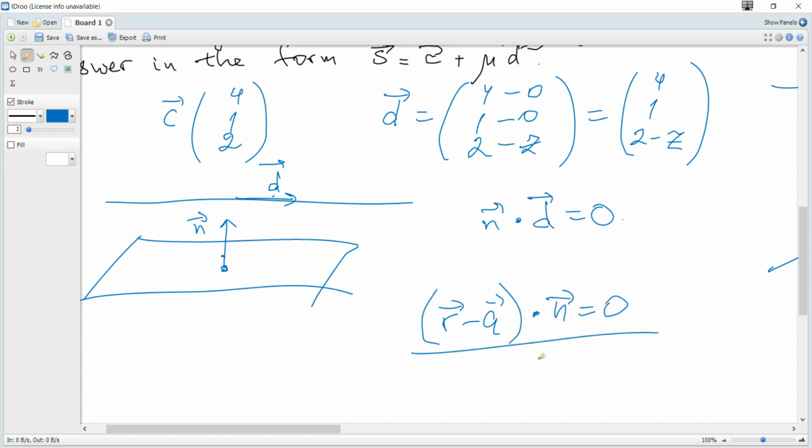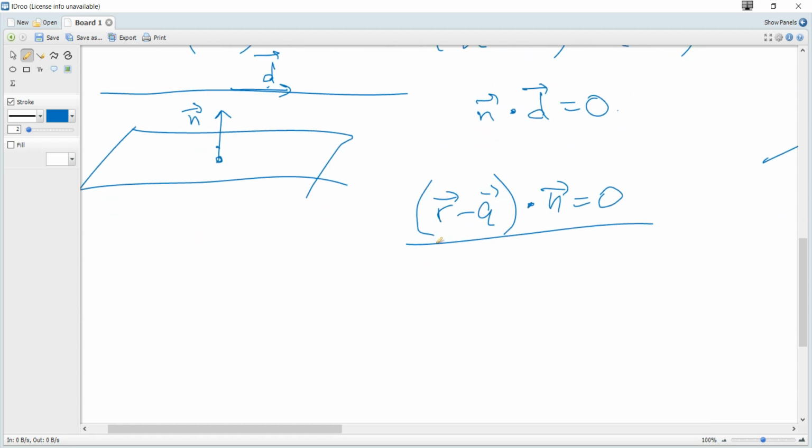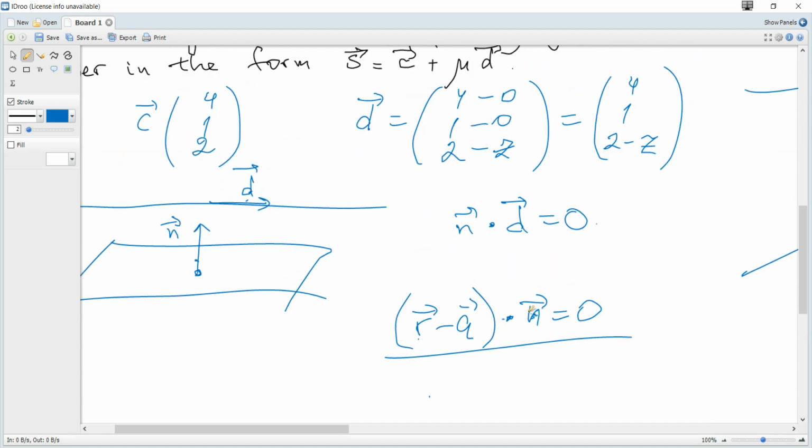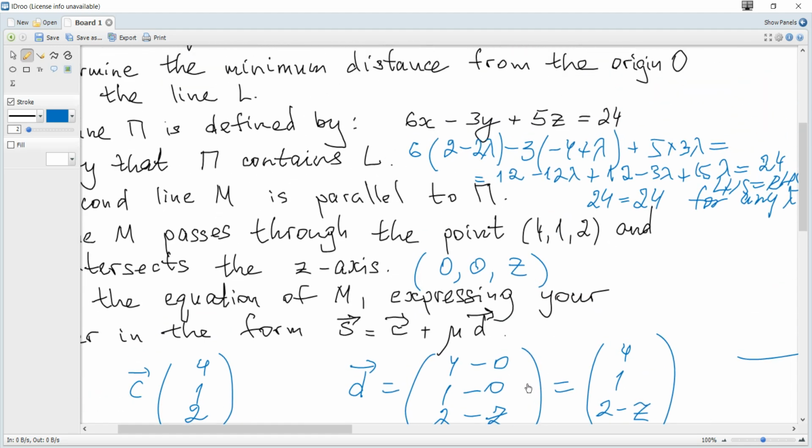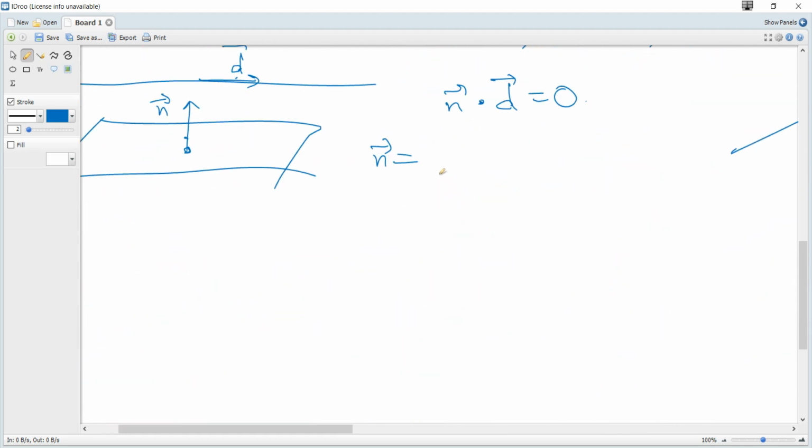If you consider this dot product with x, y, z, you get the x component of the normal multiplied by x, the y component multiplied by y, and the z component multiplied by z, and hence the coefficients in front of x, y, z give us the normal. So it's 6, negative 3, 5.